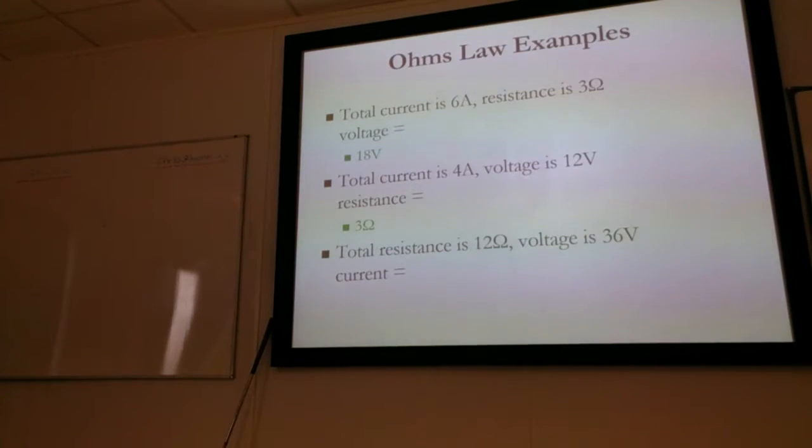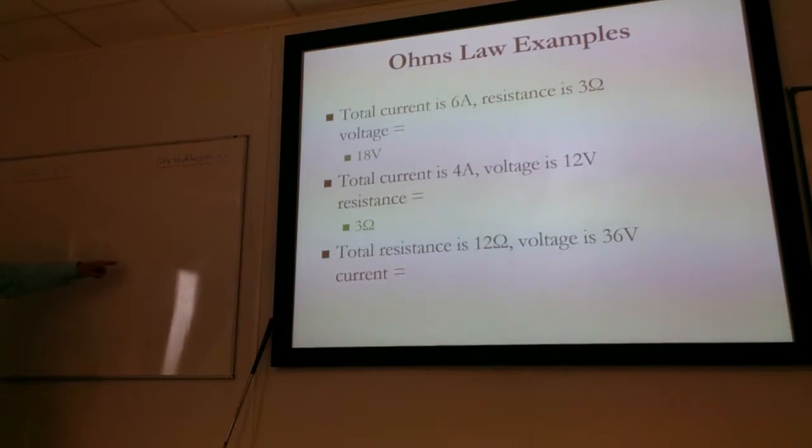Resistance is 12 ohms, voltage is 36 volts. The current, therefore, Matt? Sorry, I don't know without a calculator. Just put the numbers in the triangle, that's why I've left it up here.